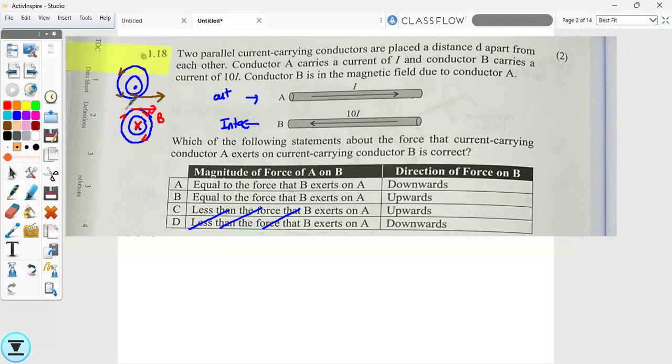So that means here between the two wires, there's a higher magnetic flux density. There's an increase in magnetic flux density. And as soon as there's an increase, remember what we said, the wire will always experience a force from a high magnetic flux density to a low magnetic flux density. So then the wires will actually repel each other.